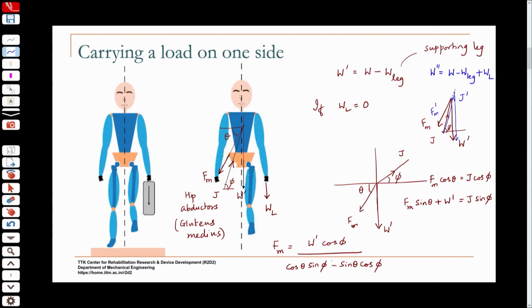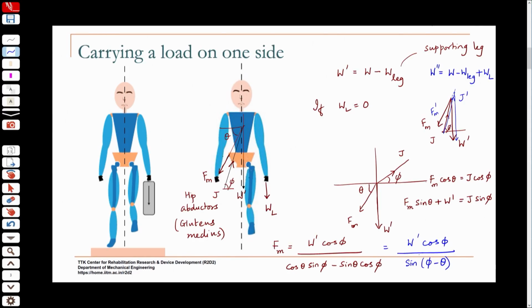So, you can see here, if I take this as W dash cos phi by sine of phi minus theta. In the second case, my phi dash will actually be smaller than phi. So, that makes the denominator smaller, which increases the muscle force.